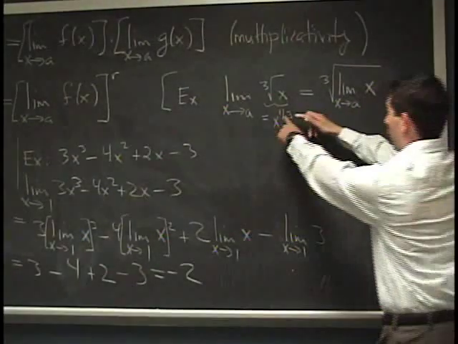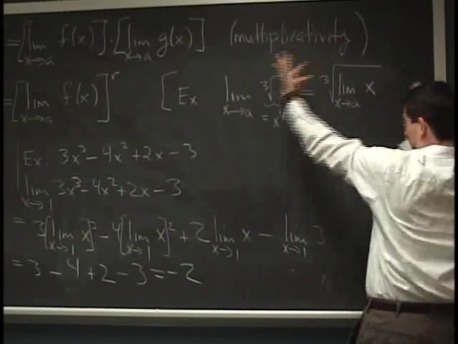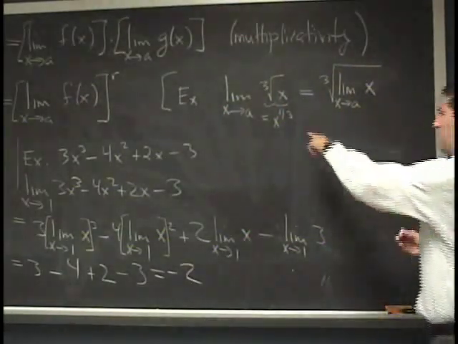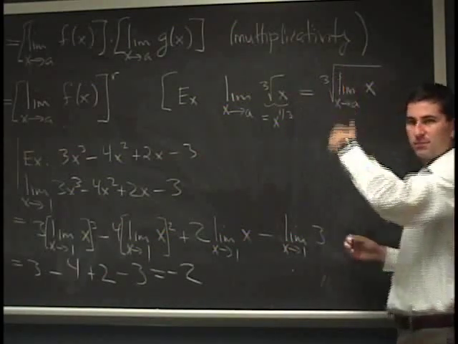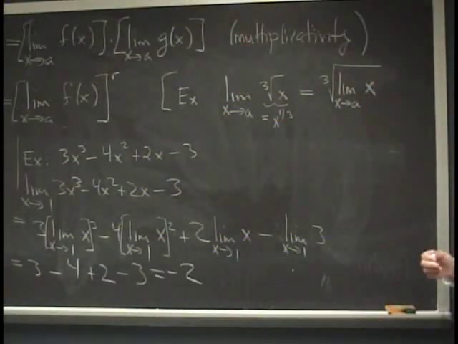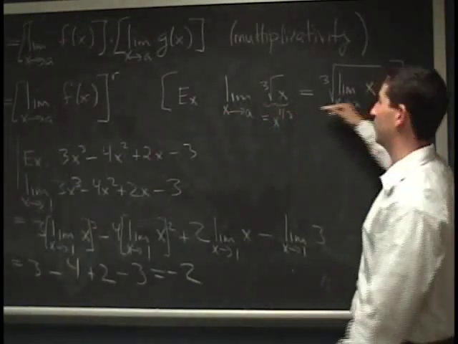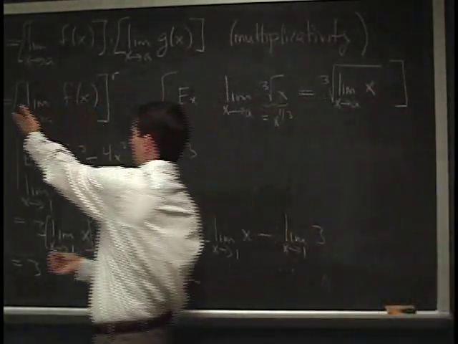Right? Because you could pull this 1/3 power out, and that's the same thing as doing the cube root. And of course, there's nothing special about the 3. Sometimes in books they write this as a separate property, but it's really just the same property.